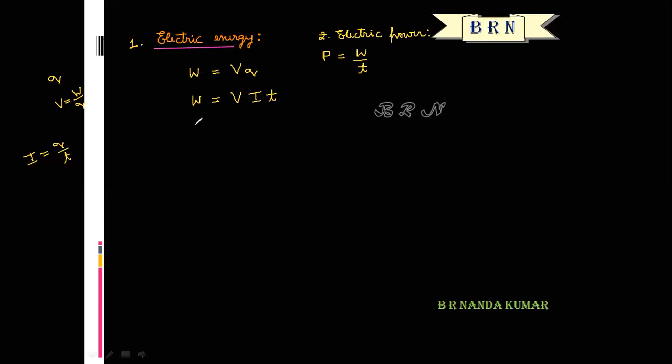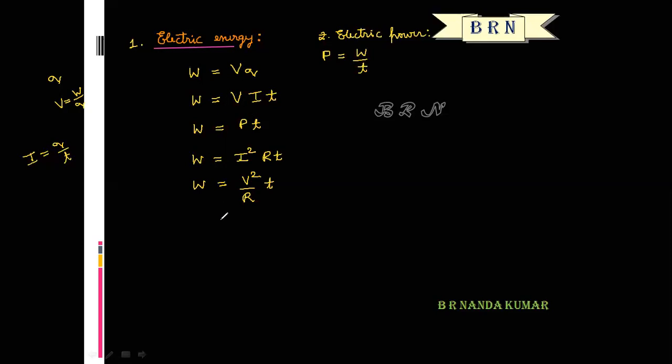So W can also be written in the form of P into T, that is VIT or P into T. And with V equal to IR, that can also be written as I square R into T. And with V equal to IR, I is V divided by R, so V divided by R into V is V square divided by R into T. So these are the different forms of electric energy.